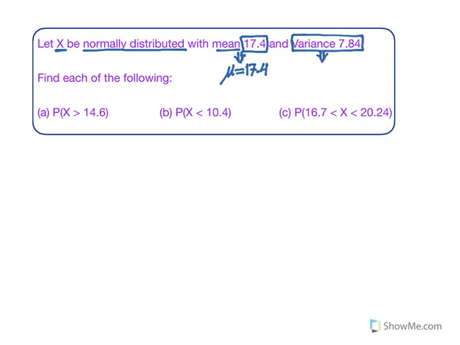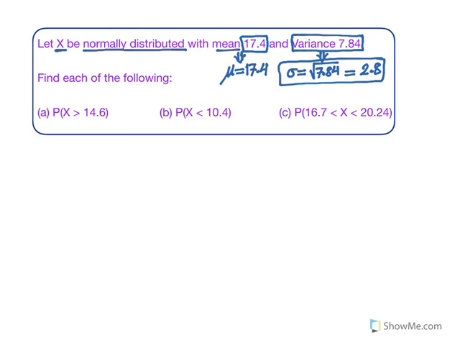When you have the variance, you need the standard deviation, so you take the square root of the variance. This square root will be exactly 2.8. So this would be our standard deviation. Remember, when you're given the variance, you need to take its square root to get the standard deviation.